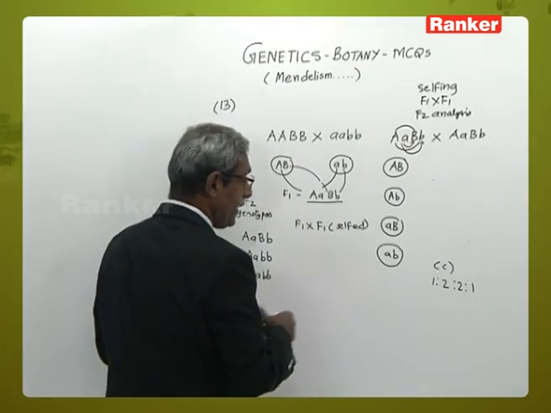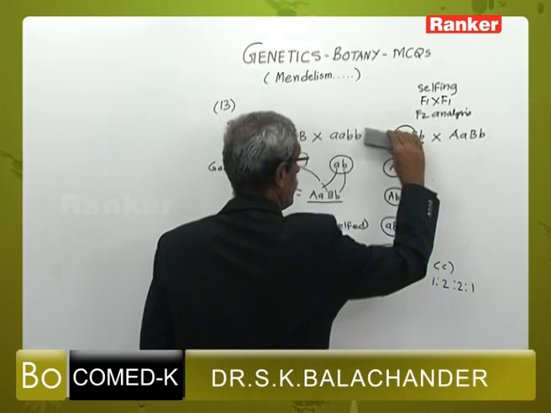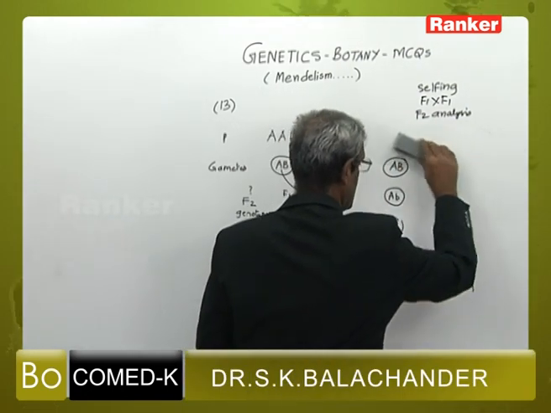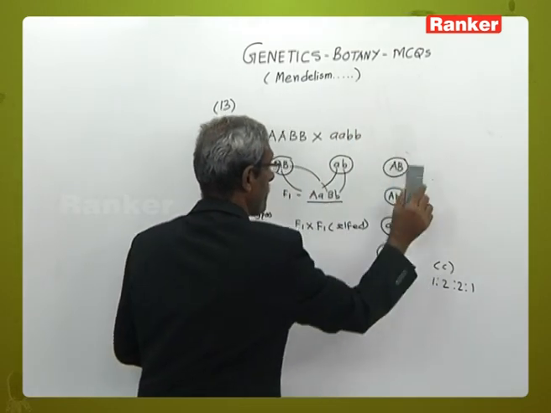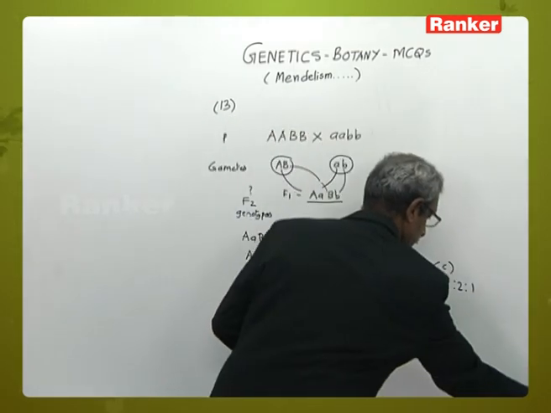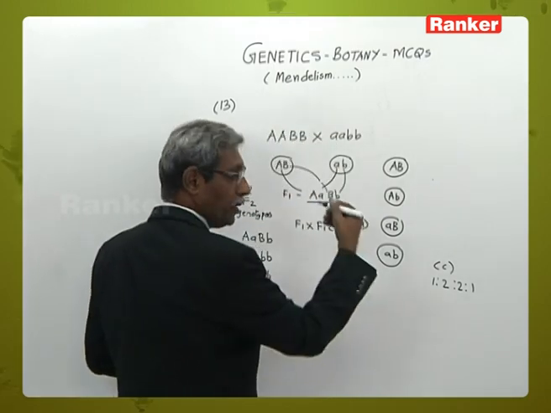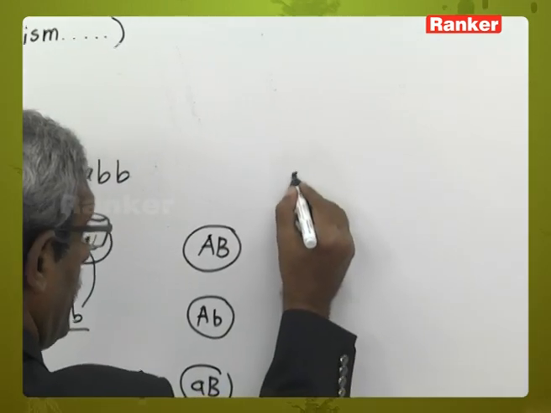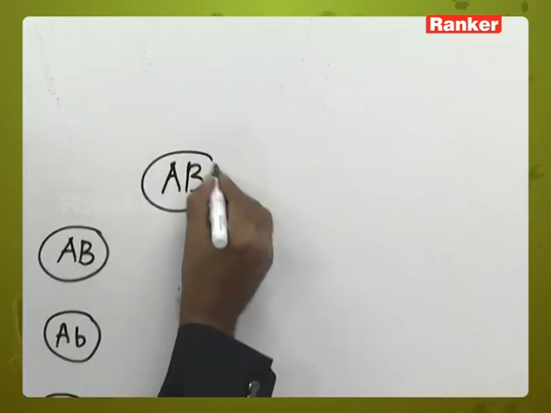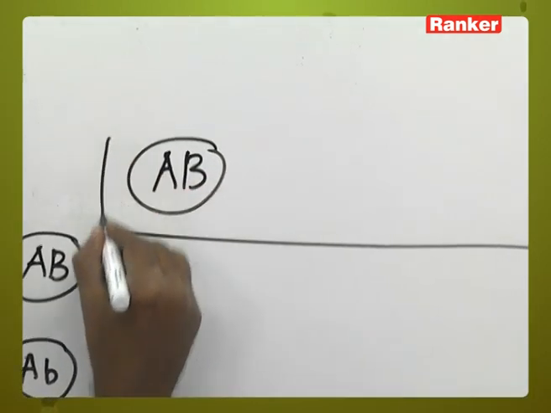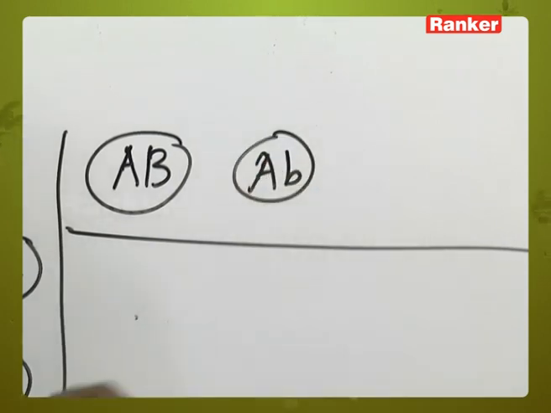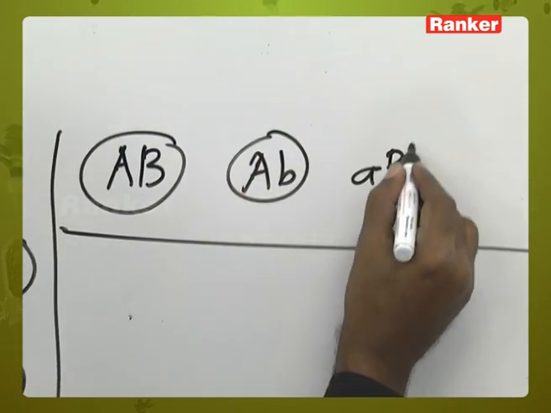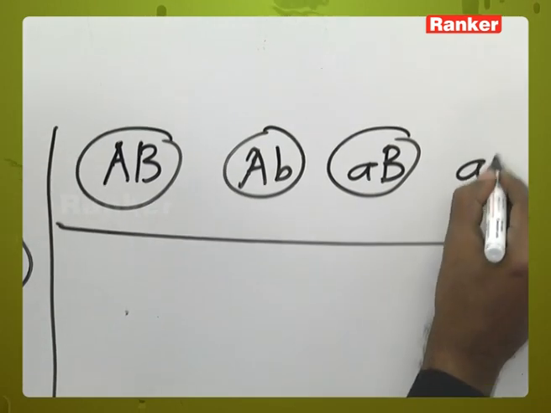So, this is the typical sort of a combination which occurs in the gametes. And same is true with relation to the other side. We have a capital AB, we have a capital A small b, and we have a small a capital B, and we have a small a small b.